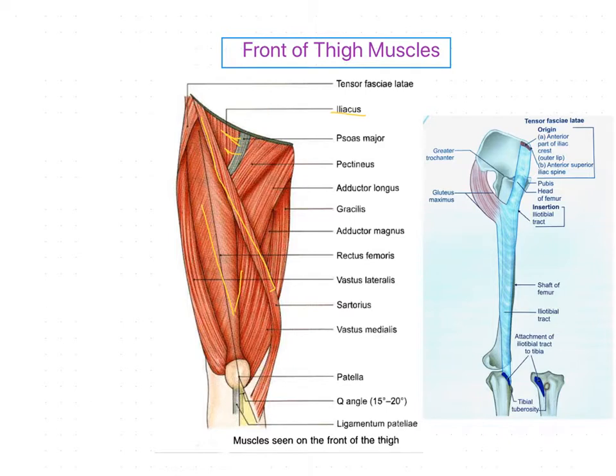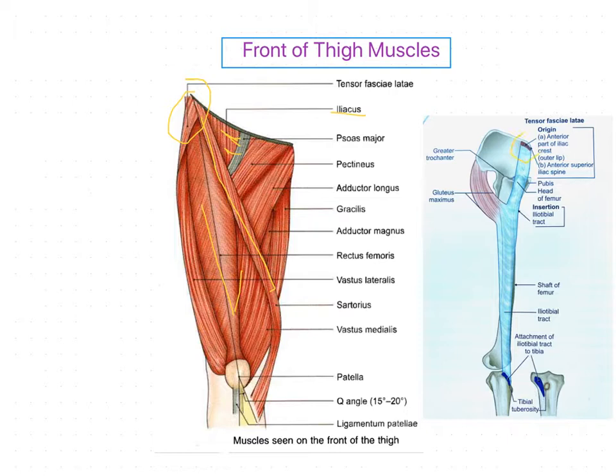Okay, so in the upper lateral corner of the front of the thigh, we can see another muscle called tensor fascia lata. Of course, this is a muscle of the gluteal region, which we can also see here.